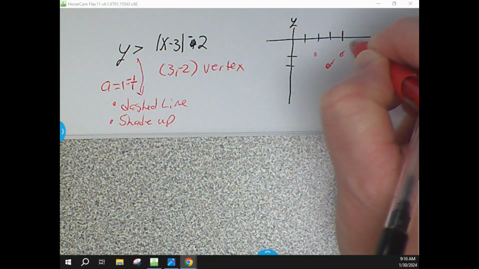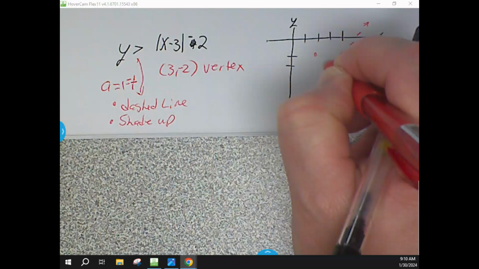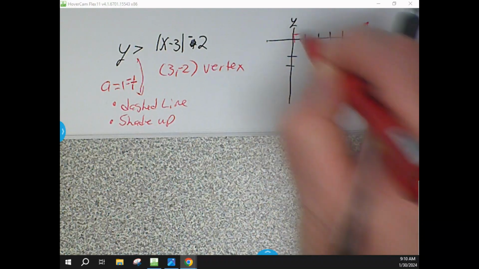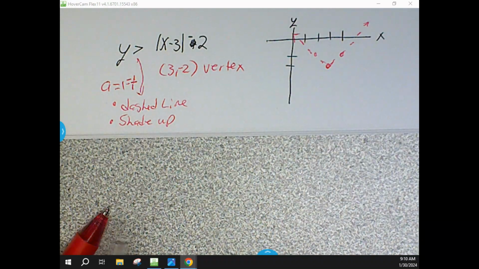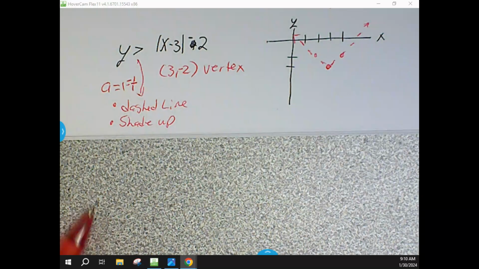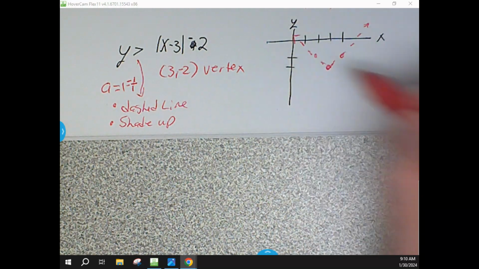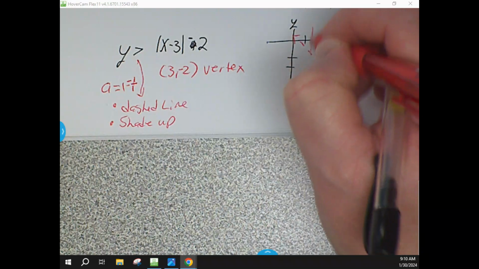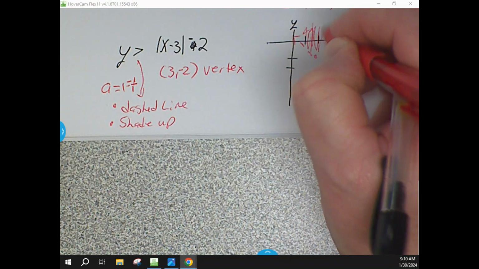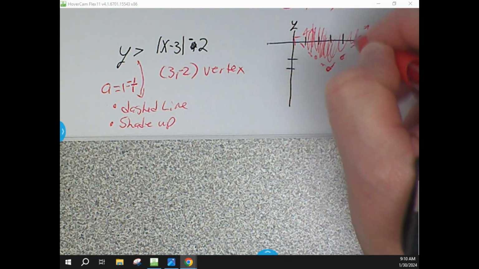It's not a solid line when you draw your V shape. It's a dash line. Okay, and because it's greater, anywhere on the line, it doesn't matter where you go, just like we did before, you start anywhere on the line and you shade up. So that means that's going to be everything kind of on the inside of the V-shaped graph there.